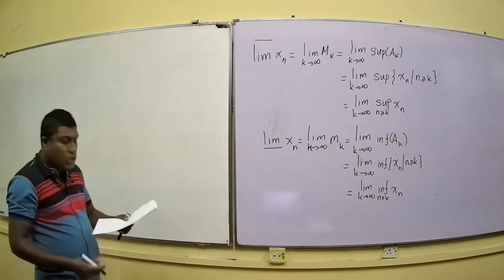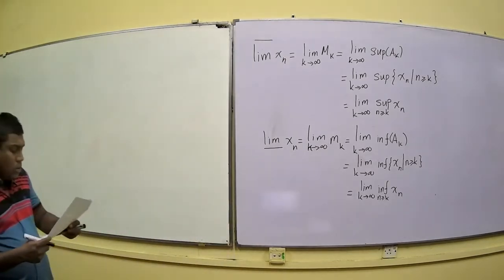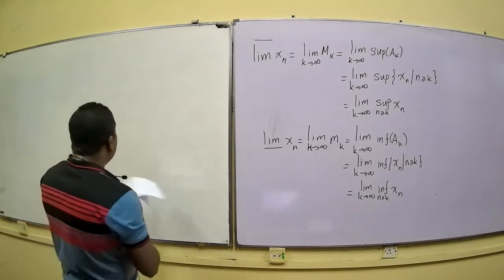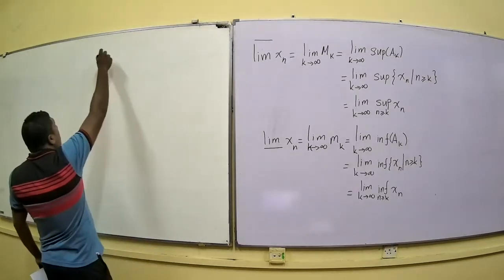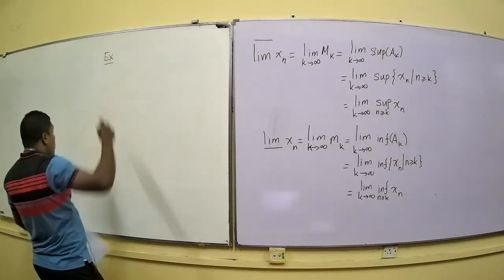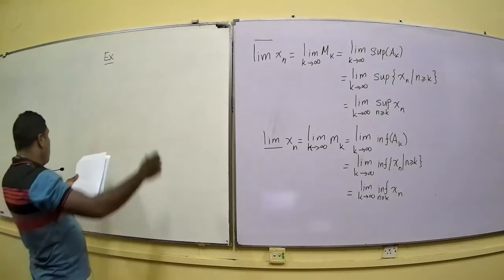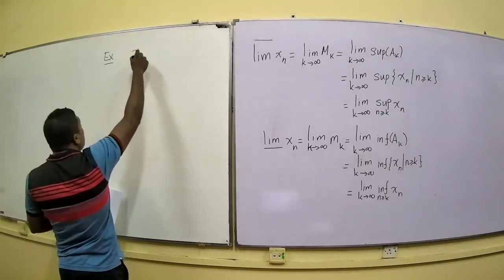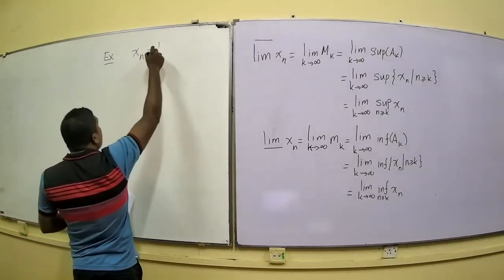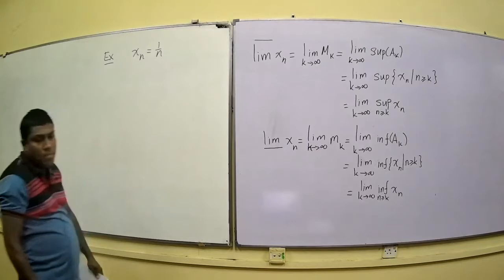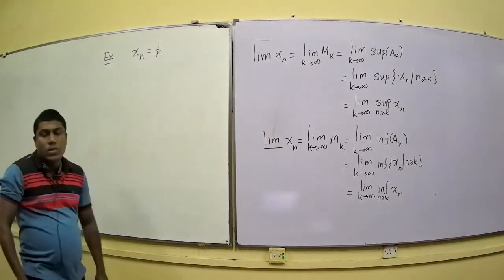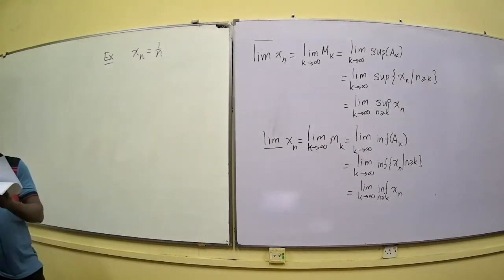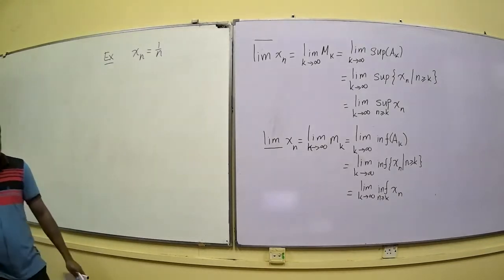So let me show you by an example how to find this. Here is the example. You define xn by 1 upon n, so you define a sequence of elements 1 upon n.